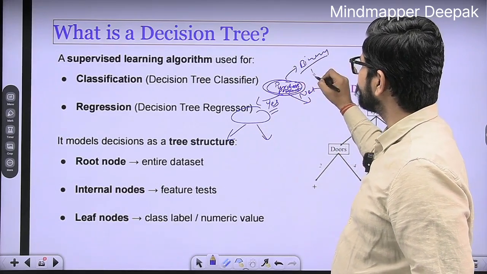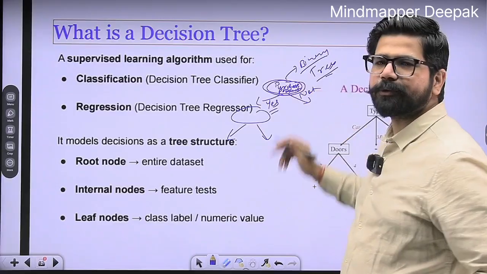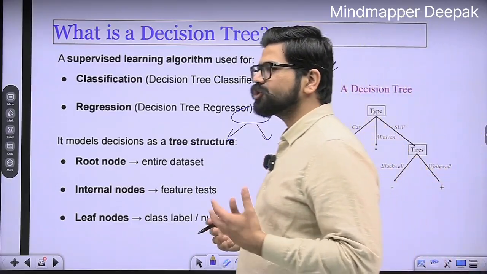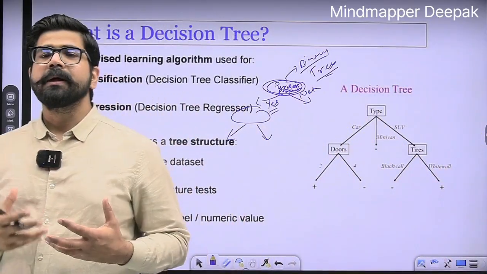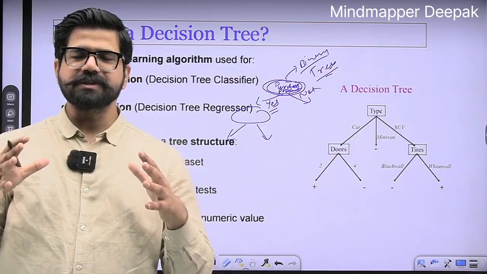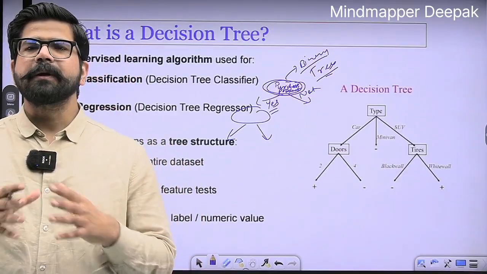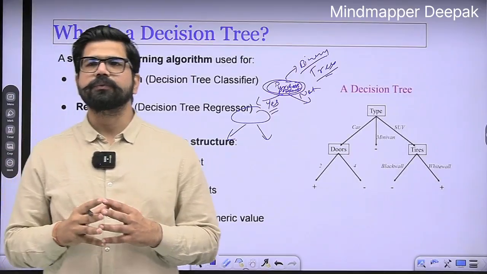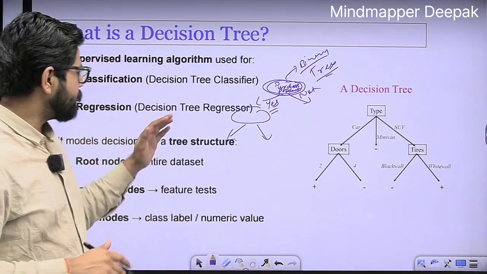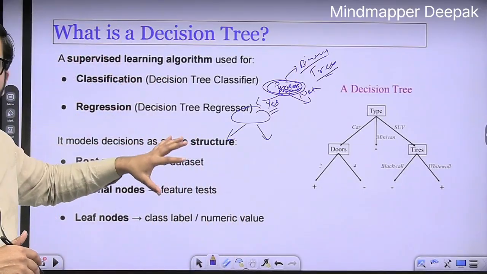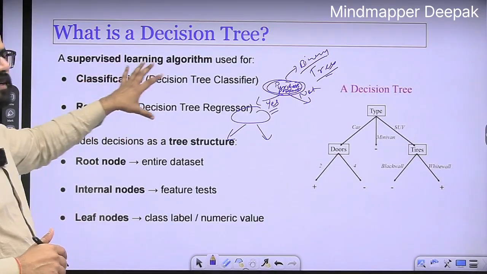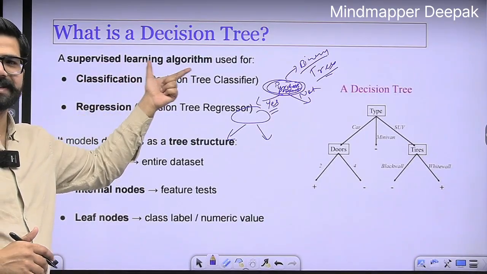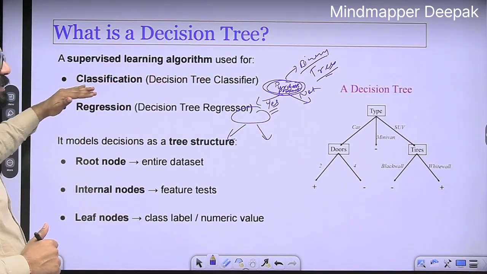Just like that, we make decision trees in programming as well as in supervised machine learning. In most problems, you make decisions and build decision trees for them, and the combination of these decision trees with an advanced algorithm is what you will find in the random forest. But what basically is a decision tree and what is its significance? It is a supervised learning algorithm used for classification.